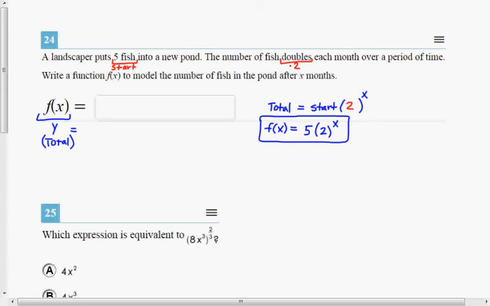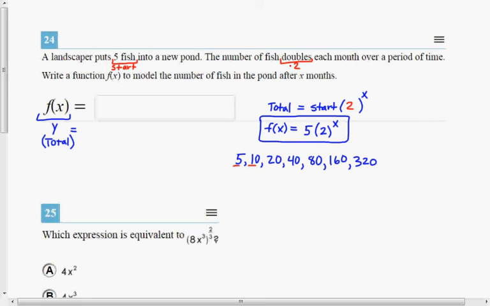So, you know, we can see this. If we make this sequence, for example, we start with 5, and then if it doubles, there's 10, and that doubles, and it doubles, and it doubles, and it doubles. Okay, let's see. Started with 5.